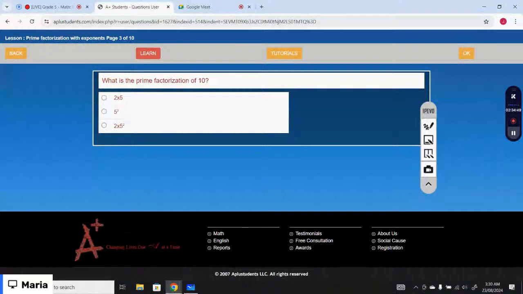Yes, that is 2 times 5. Option number 1 is the correct option. The prime factors of 10 are 2 times 5.